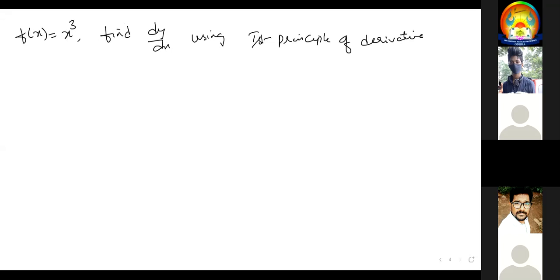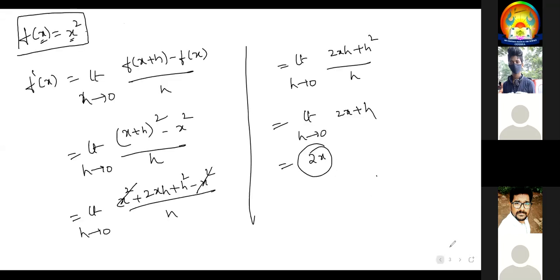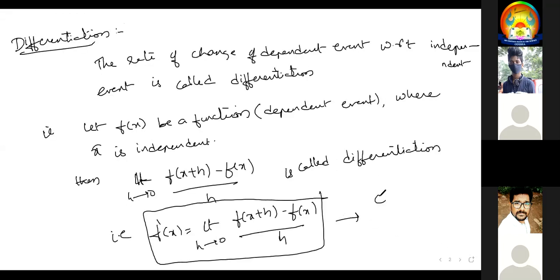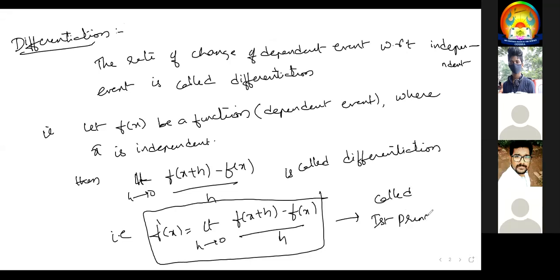See, what we wrote as that formula, please add a word there. It is called first principle of derivative.